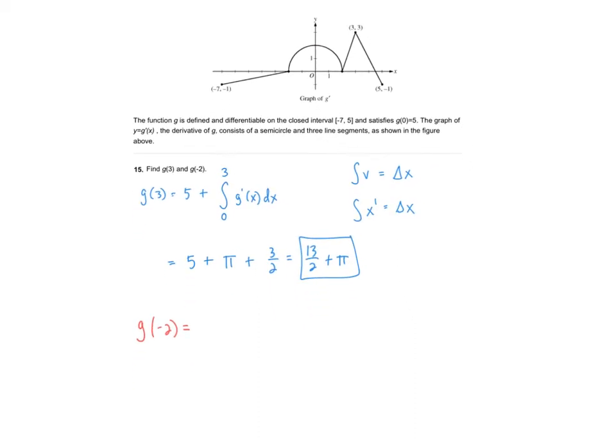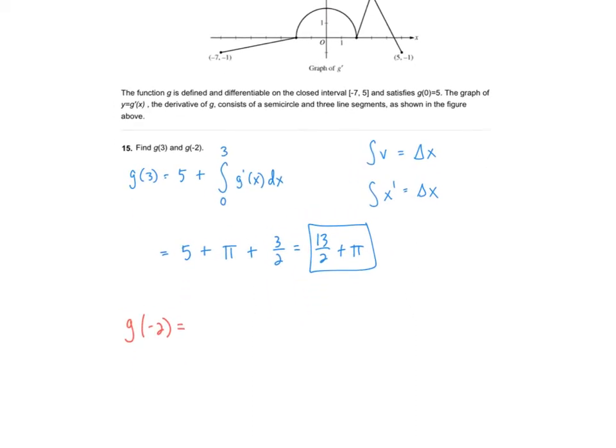Okay, another way to do it, just to see different ways. We'll take 5 and we'll really add the integral from 0 to -2 of g prime of x. Notice that the lower limit is bigger than the upper limit, so really this is the negative of the area. And that's really what we want. We want to subtract the area from -2 to 0.